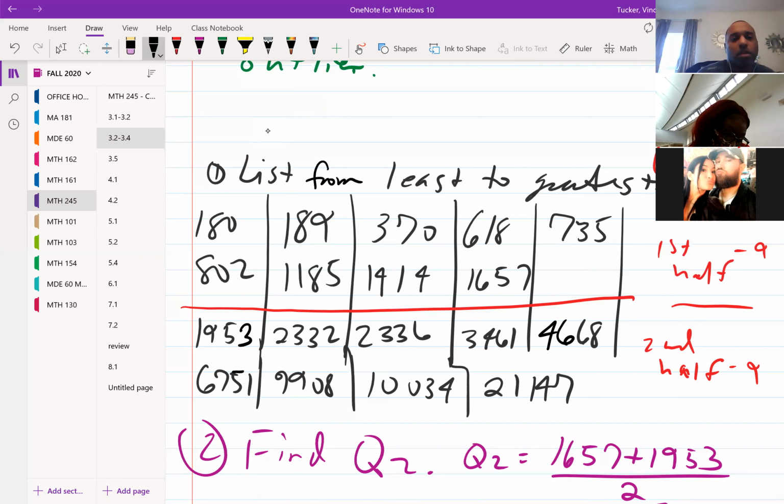All right. So once again, your first step is to list your data values from least to greatest.